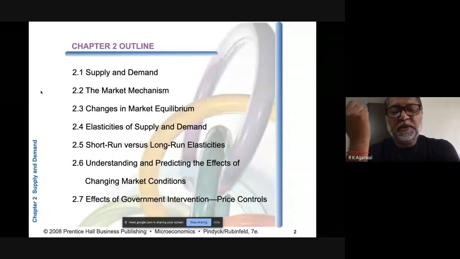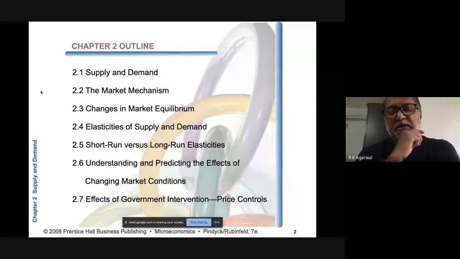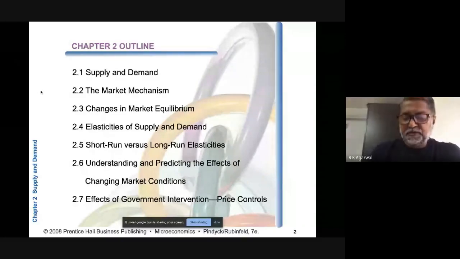We will also try to understand and predict the effects of changing market conditions. And finally, the impact of government intervention in the market. So these are the learning objectives of this topic. I'll quickly go through the slides that we had discussed in the last class.